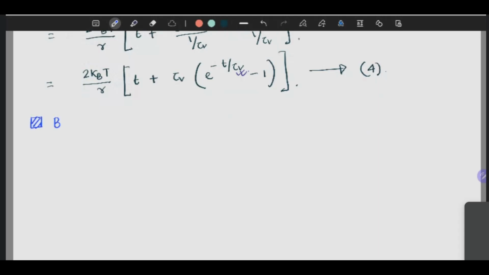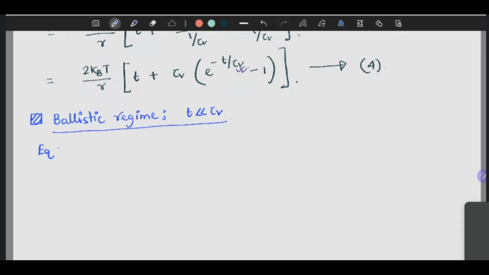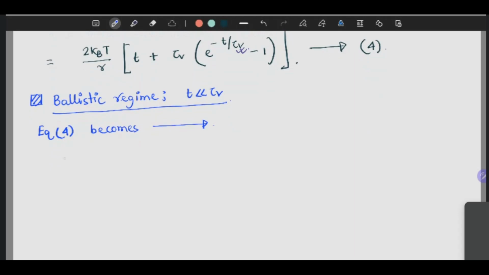First it's called the ballistic regime, where t is less than tau v, which means we are looking at a time scale very much less than the autocorrelation time, then equation 4 becomes 2 kBT.